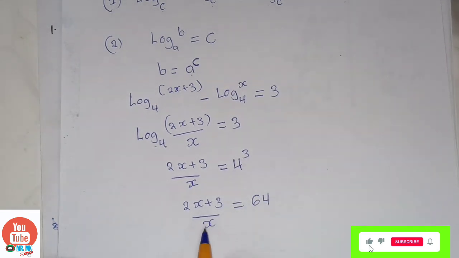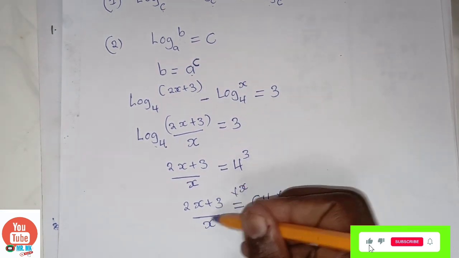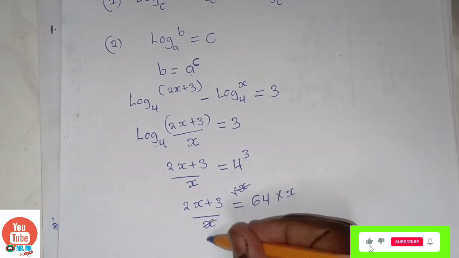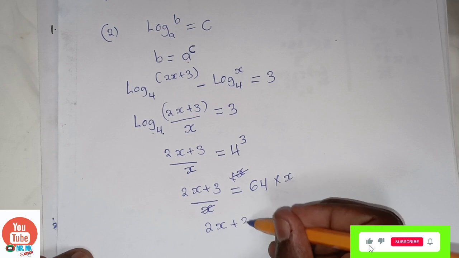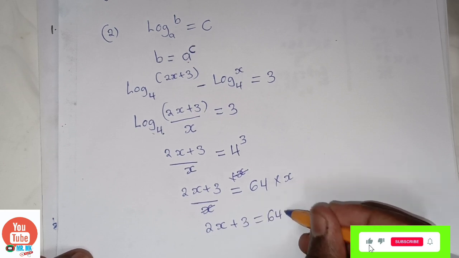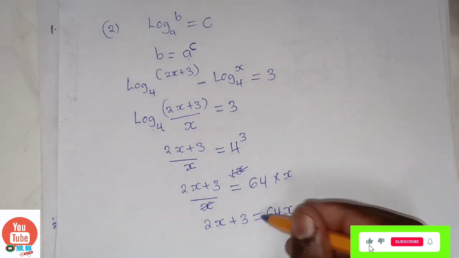Now if I want to remove the denominator, I just multiply both sides by x. X will cancel with x. I remain with 2x + 3 is equal to 64x. Now from there, collect like terms.